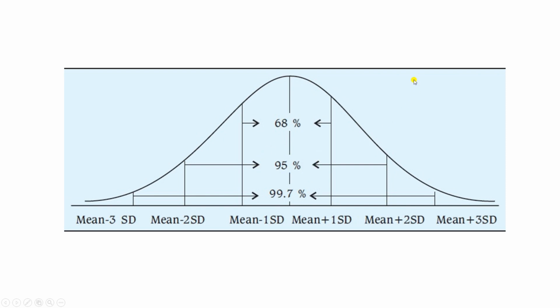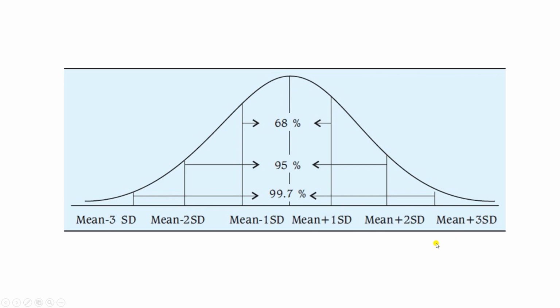So 9,500 people of that given population will have blood pressure between, how much did I say, I forgot, 67 and 95, I guess, yes, 95 millimeter of mercury.